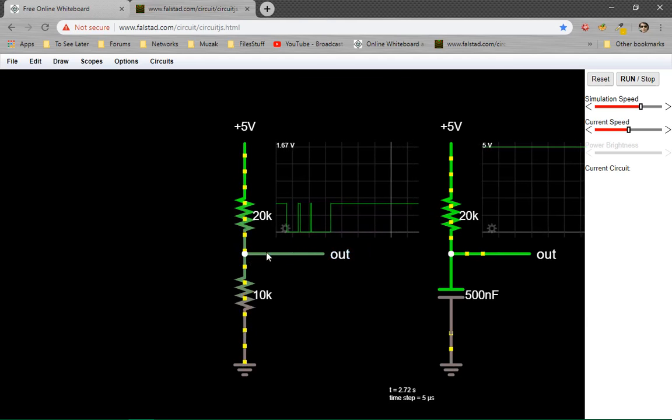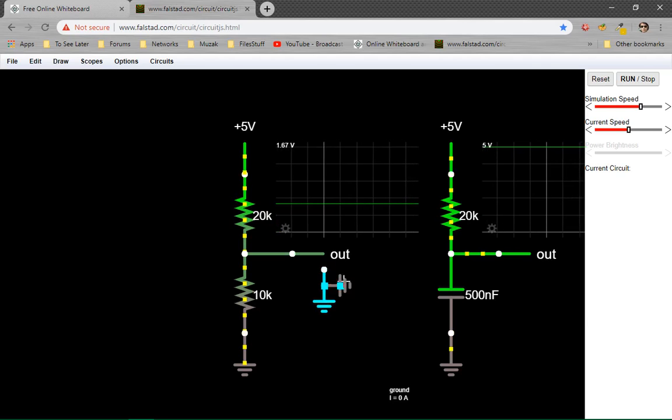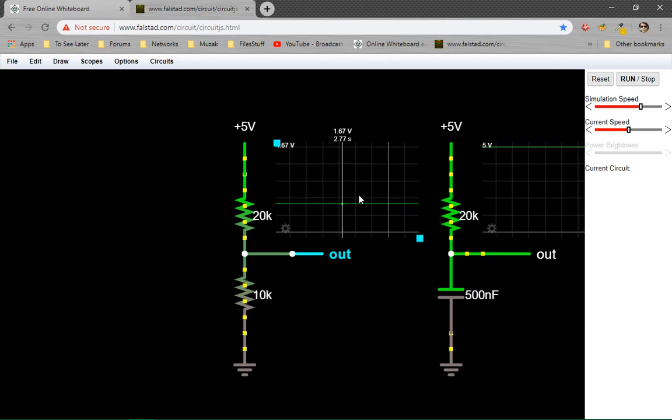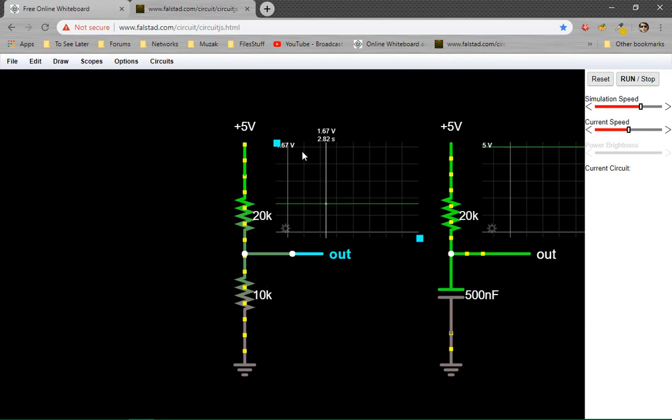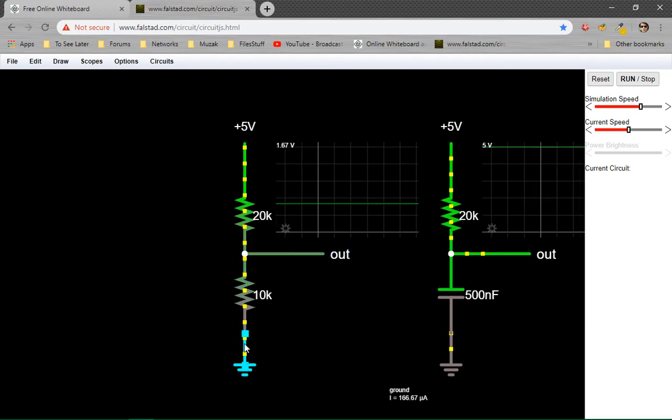There's whatever the voltage is, but relative to what? We need the ground of whatever this is leading to. In this case, it's leading to this oscilloscope, and as you can see, it's measuring 1.67 volts. Remember, the other probe of the oscilloscope is also connected here, but we don't draw it because it's implied. It's common to everything.